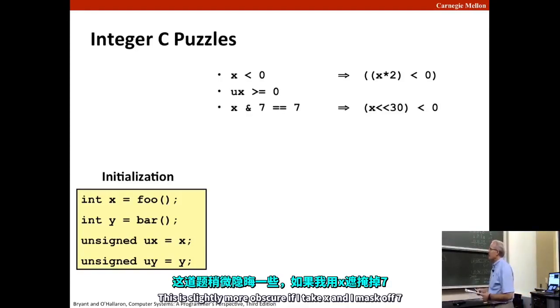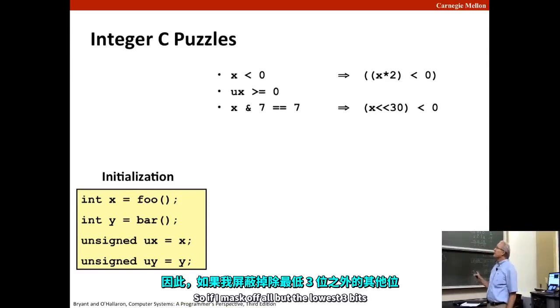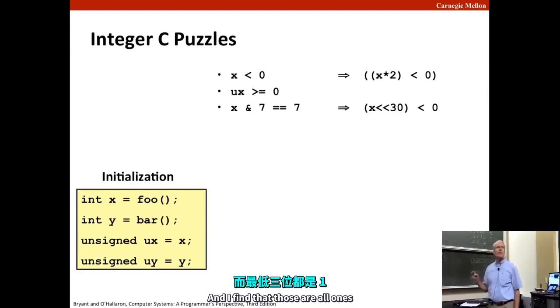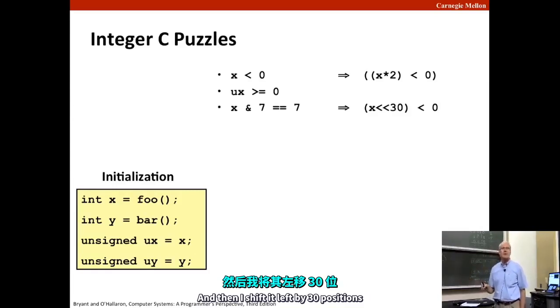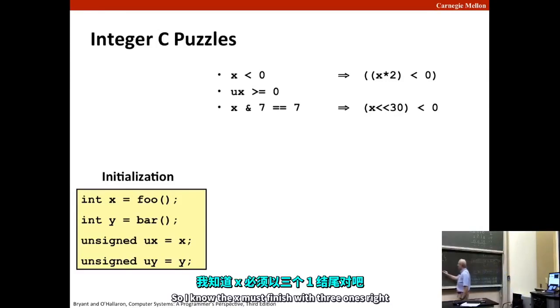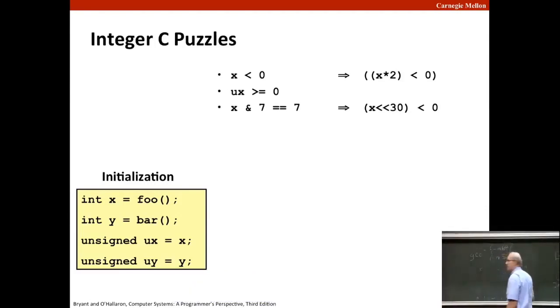This is slightly more obscure. If I take x and I mask off 7, you remember, is the bit pattern 1, 1, 1. So if I mask off all but the lowest 3 bits, and I find that those are all 1s, and then I shift it left by 30 positions, what can I say about the result? So I know that x must finish with 3 1s, right?